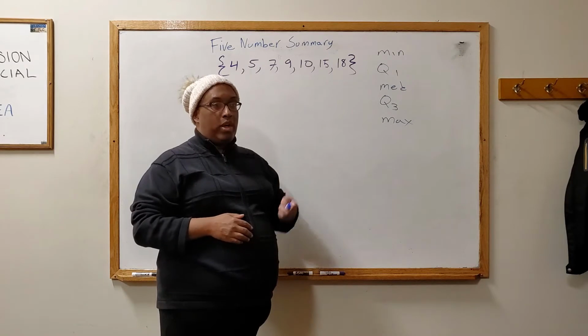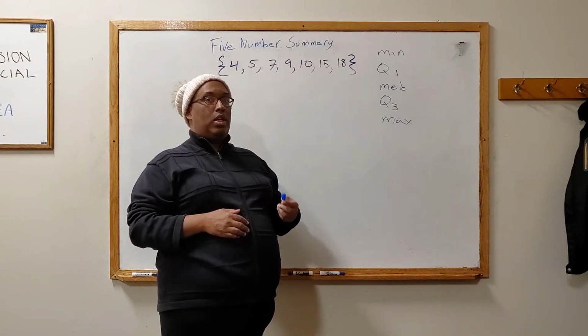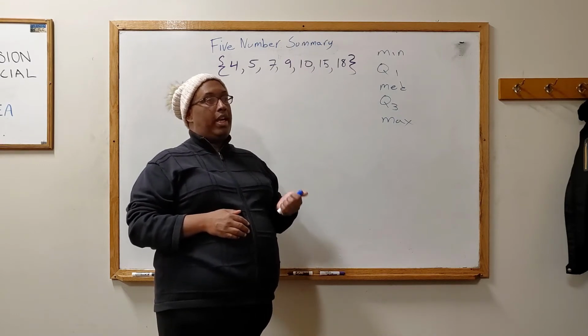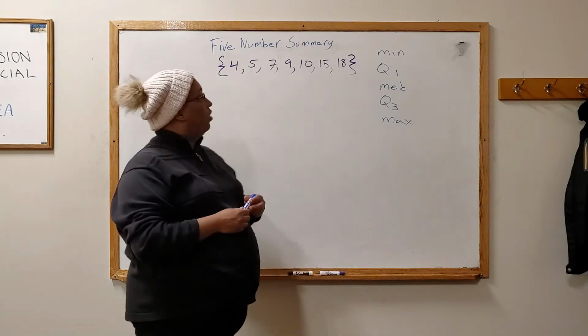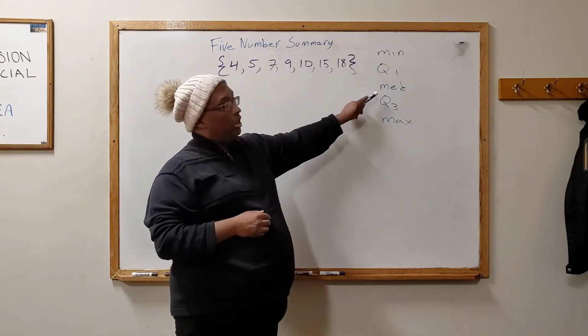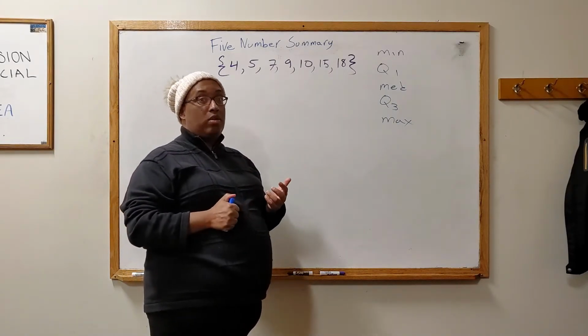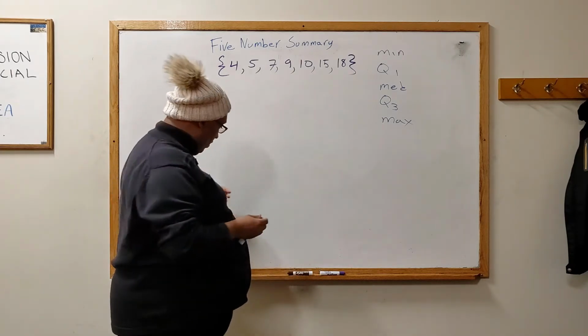And you add 1 to that. So 7 plus 1 makes 8. Divide that by 2. 8 divided by 2 gives us 4. So that means the median will be located in the 4th position. That doesn't mean the answer is 4, it means the 4th number is our answer.